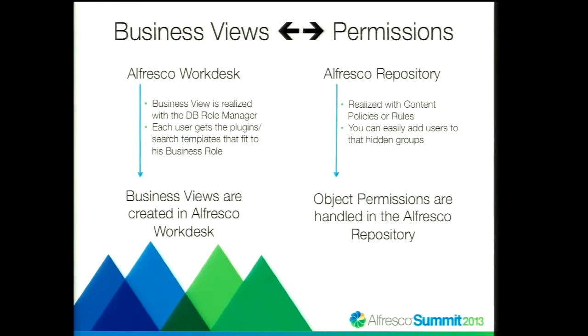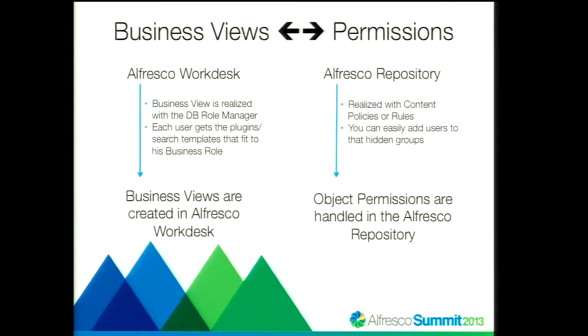And sometimes there's a confusion of what is business view or what is permission. And I think it's easy to remember: the business views, what the user can see and which functionalities should be available, are configured in Workdesk. And the permissions, whether I should be able to see a document, an e-file, an object in general, are defined in the backend system in the repository. And that's also what we saw here.